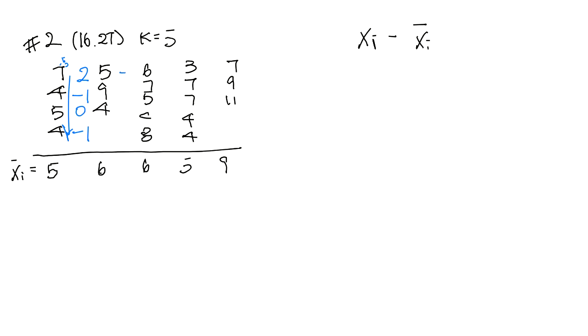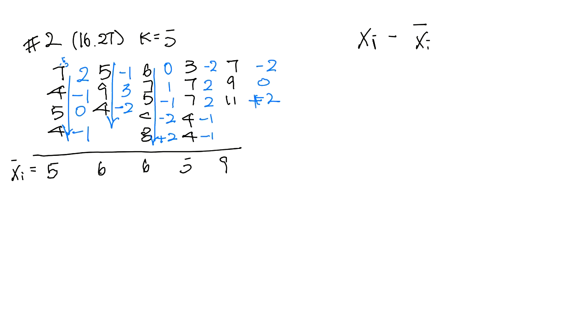Negative 1, 3, negative 2: 0 again. 0, 1, negative 1, negative 2, positive 2: 0. Negative 2, positive 2, 2, negative 1, and negative 1: 0. Then negative 2, 0, positive 2 is another 0.